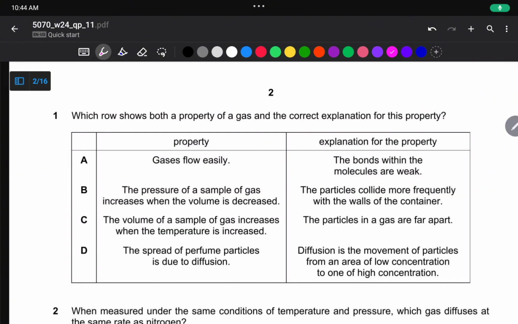So the first question, number one, says, which row shows both a property of a gas and the correct explanation to this property? So guys, here I don't want you to claim answers, but I want you to have a deeper understanding of the fundamental principles of chemistry. So I want you to have information or data you would use in your paper two structured papers or in the multiple choice papers.